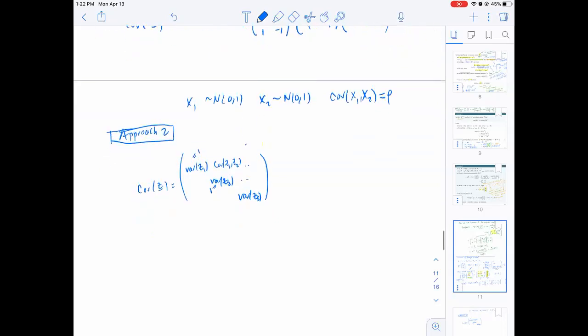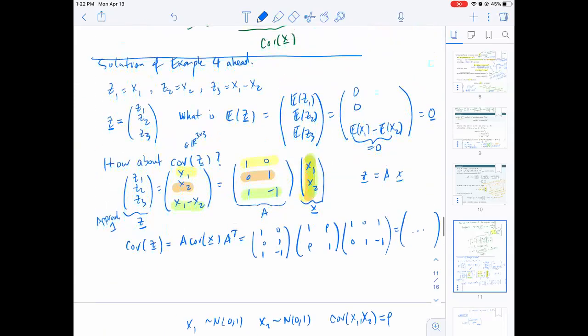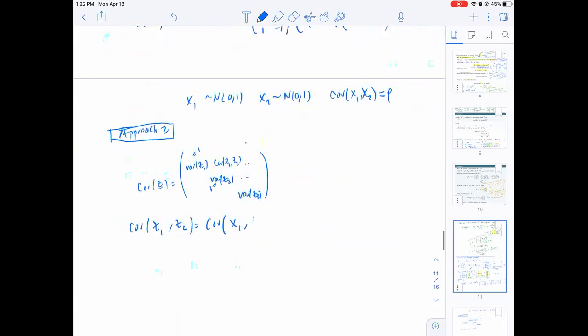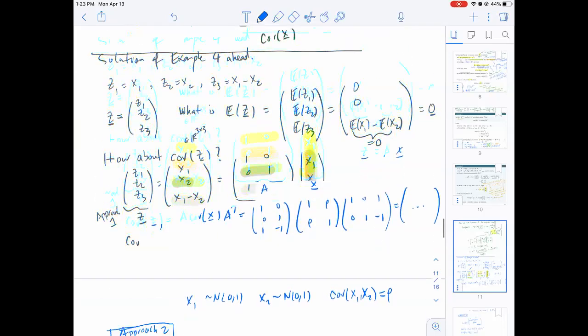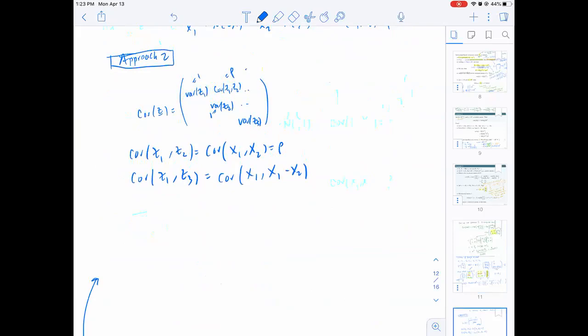So how do we compute, for example, the covariance of Z1 and Z2? Z2 by definition is X2, so that turns out to be just rho. How about the covariance of Z1, Z3? This would be more interesting: the covariance of X1 and X1 minus X2. That's Z3.